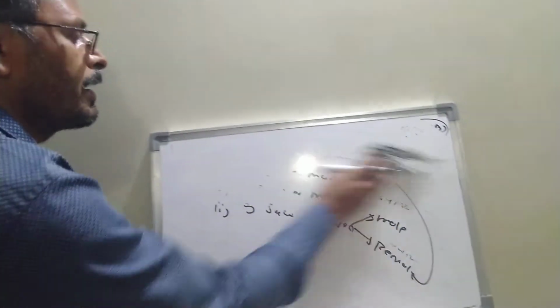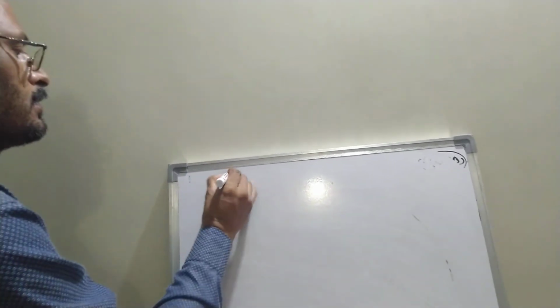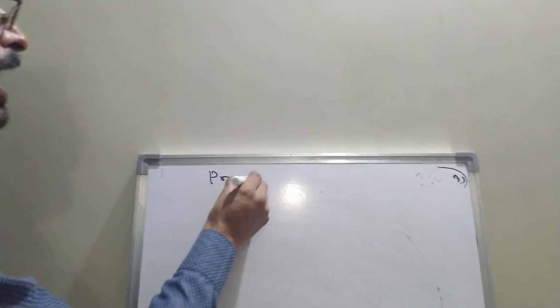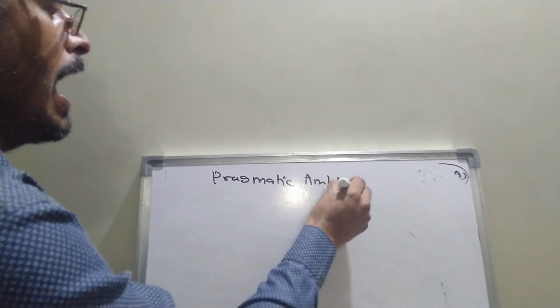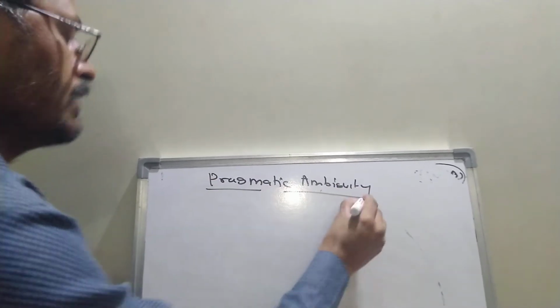So in this way, semantic ambiguity creates problems. Now, the next one is pragmatic ambiguity. Pragmatic ambiguity refers to a situation where the context of the phrase gives multiple interpretations.